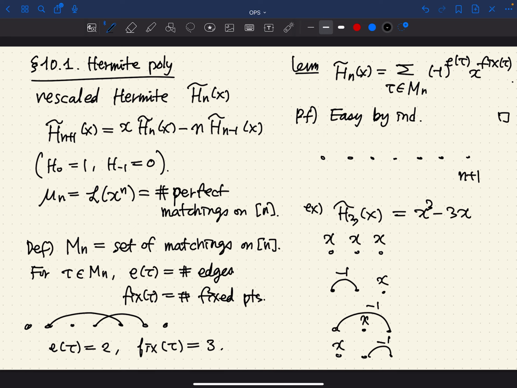Now, this definition will be used quite often in this chapter. So let's say n1, ..., nk are fixed integers, all non-negative, and let their sum be n.